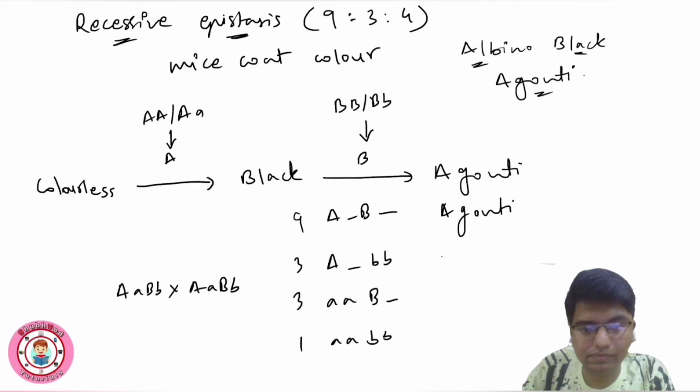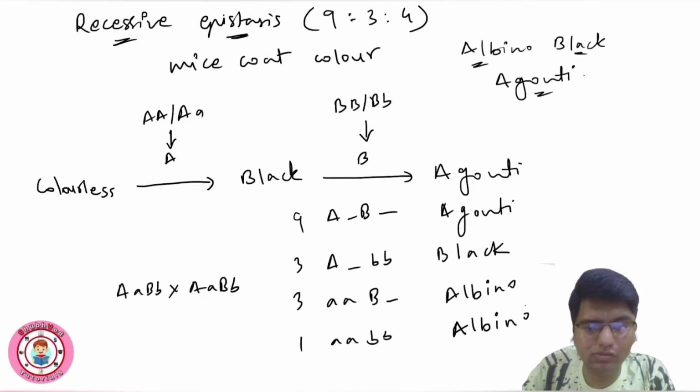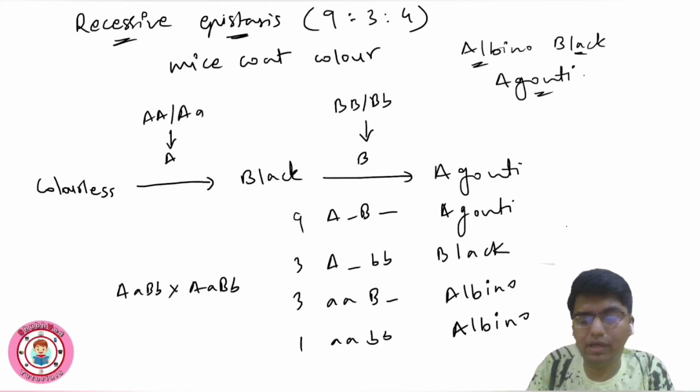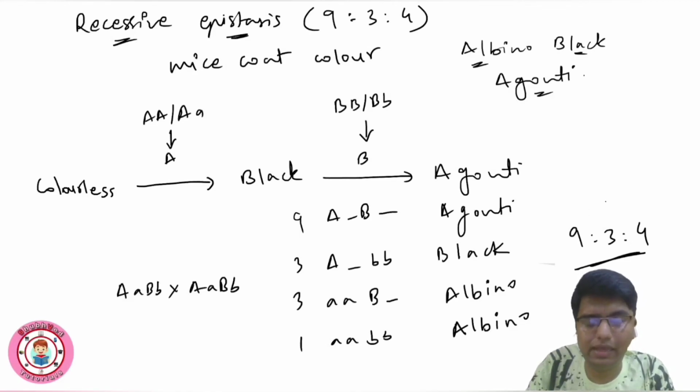This is black. This will be small a, small a, this is albino. Colorless is albino, white, because capital A is not there. So the ratio becomes 9:3:4. 9 are agouti, 3 are black, and 4 are albino. Got it?